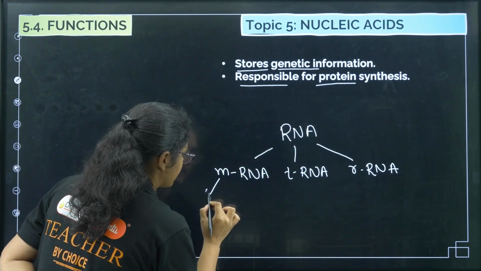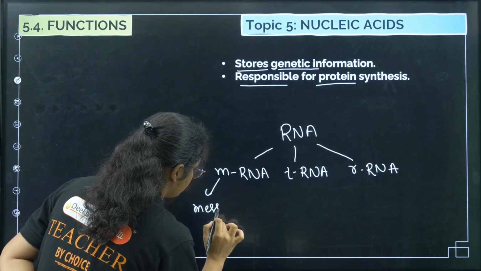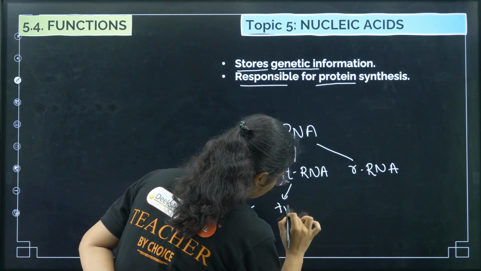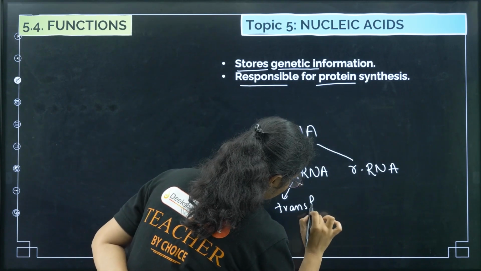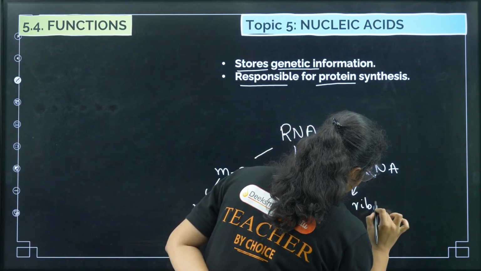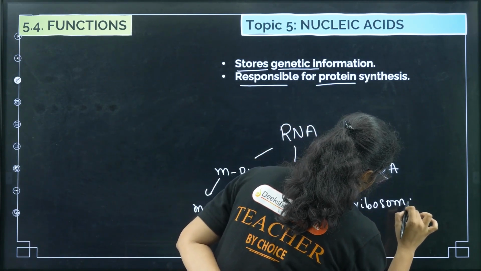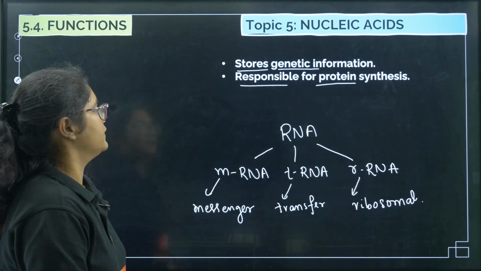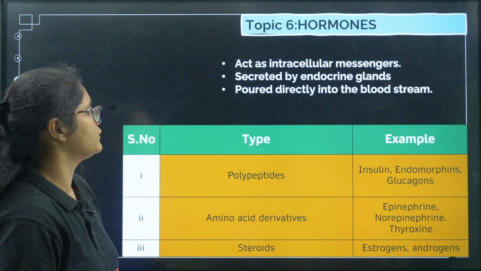M stands for messenger RNA, T stands for transfer RNA, and R stands for ribosomal RNA. Clear? Fine.